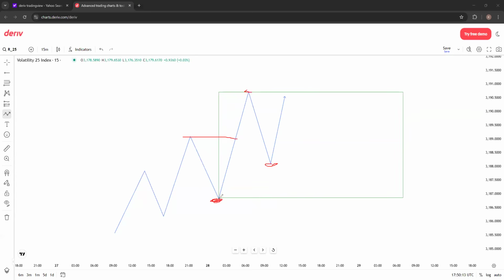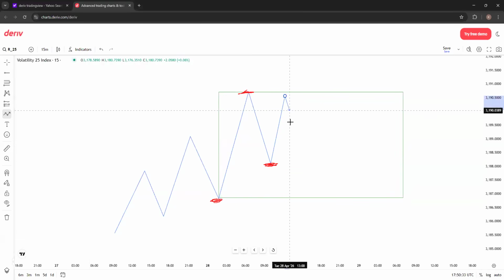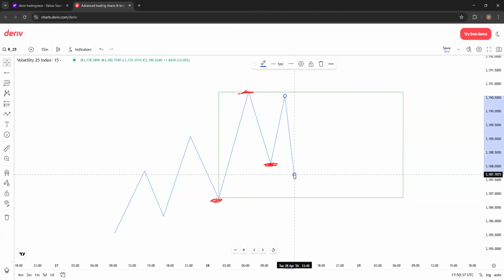Why? Because it has given us enough momentum to come and break a high, right? So since this low here fails to break this high, this low becomes weak. And what we do is we hunt it, right? Meaning that we have to break it since it didn't give us enough force to break the high.